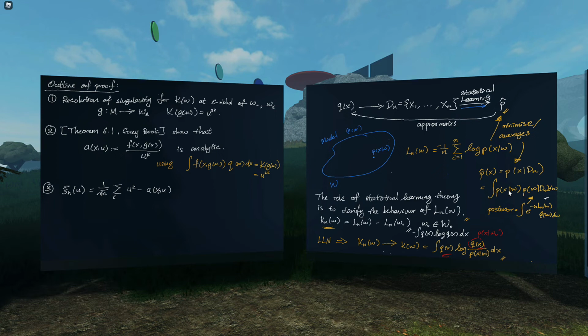This can be taken as a definition once we have A, and observe that if I multiply this by u to the k root n, the root n disappears, and I get u to the 2k, u to the k. Well, that's just f of xi of u, and that's K of g of u.